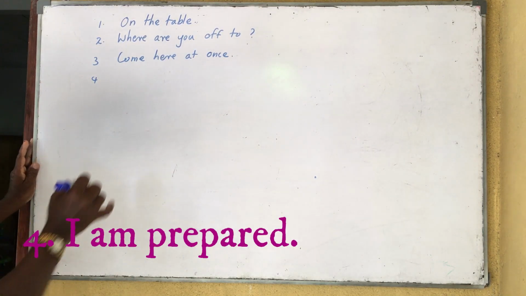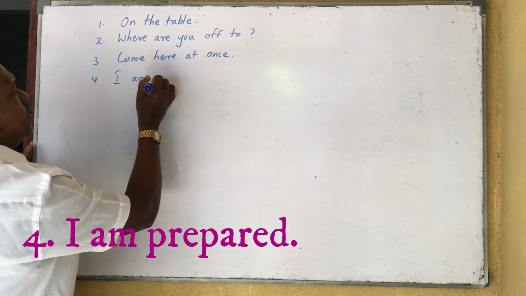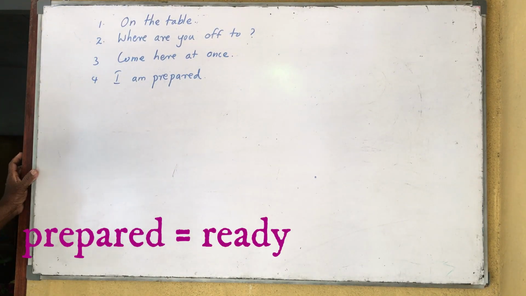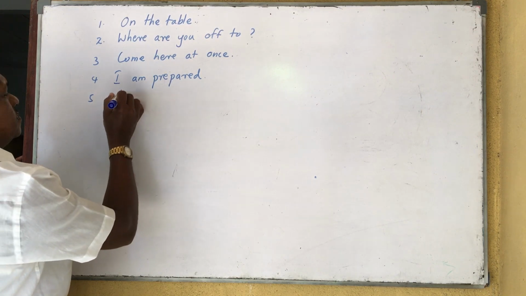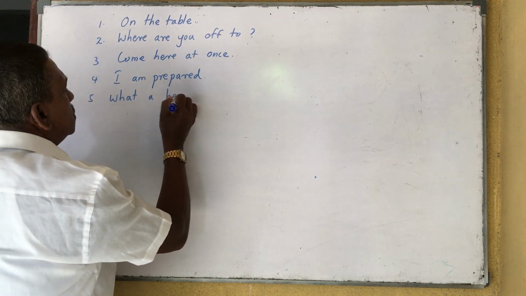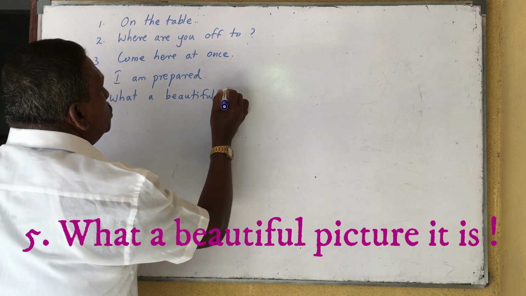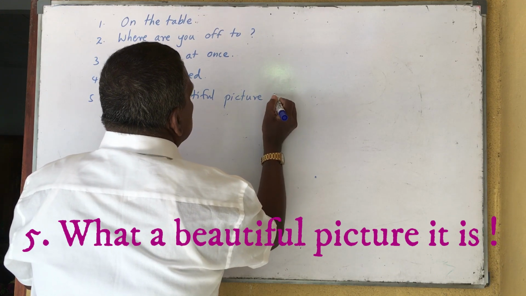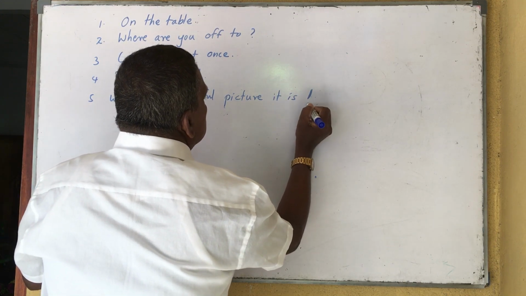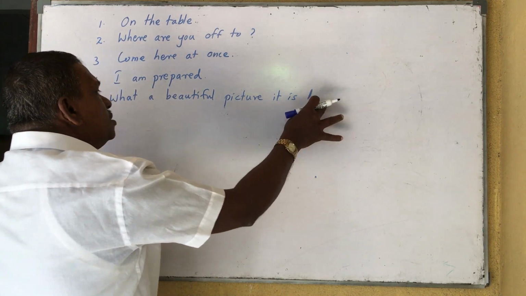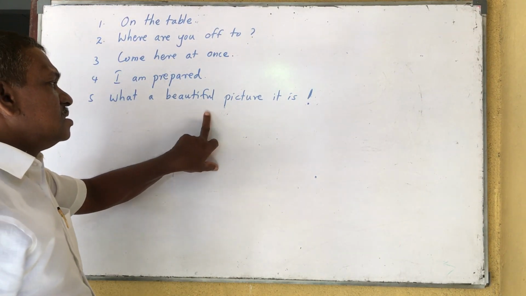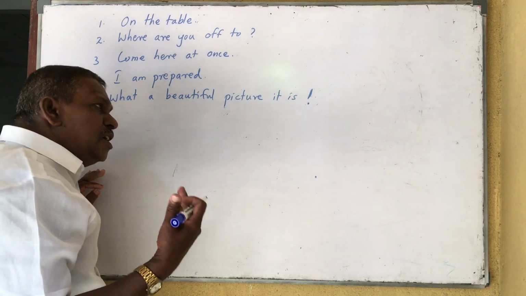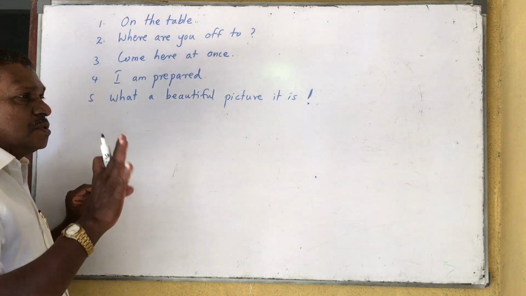Then the fourth one, I am prepared. I am prepared means I am ready. Fifth one, what a beautiful picture it is. This is called mark of exclamation. This kind of sentences are called exclamatory sentences. We have learned in another lesson the 4 types of sentences.